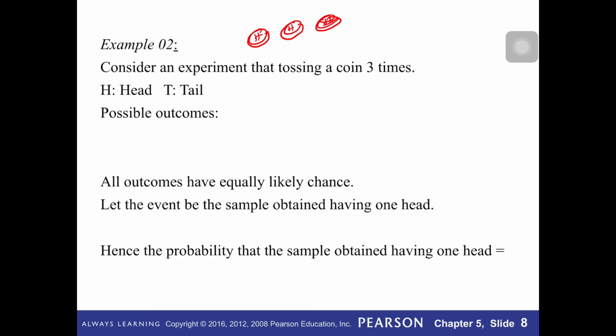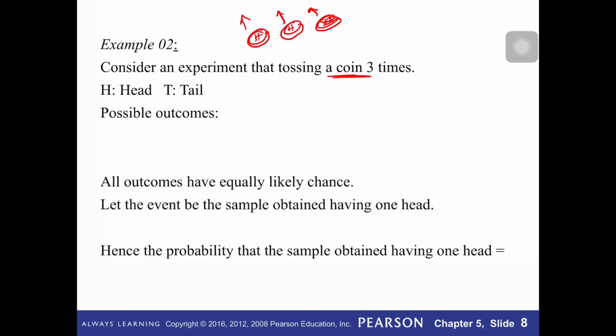So 3 coins, flip. Tossing a coin 3 times or tossing 3 coins 1 time, same situation. But here they have mentioned tossing a coin 3 times. This is my coin, that's why I mentioned head in all pictures, 3 times.